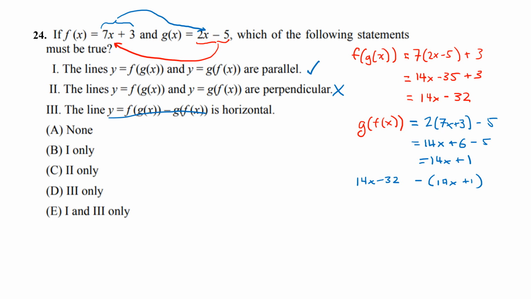Let's distribute out this negative sign. 14x minus 32 minus 14x minus 1. So this would cancel out, and we'd get minus 33, right? Equals y, and that would be a horizontal line. So this indeed is true too. So our answer is 1 and 3, E.